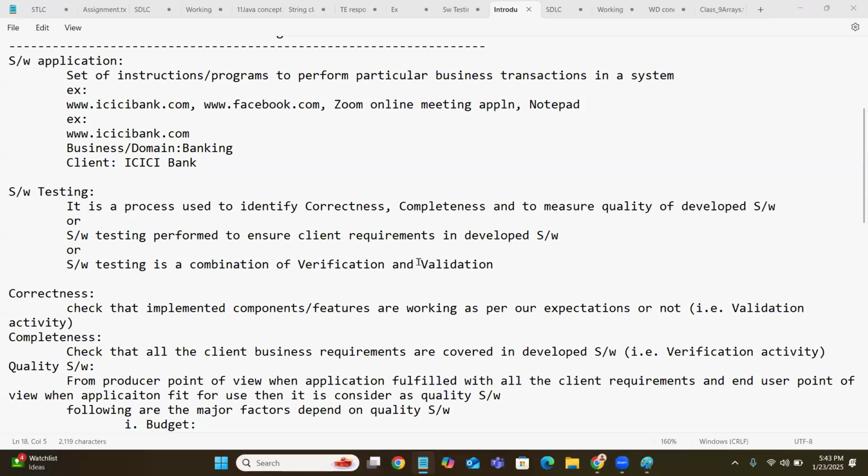Right. Now, how can we define quality software?